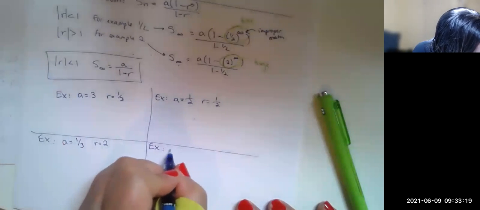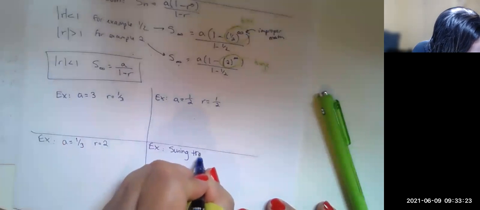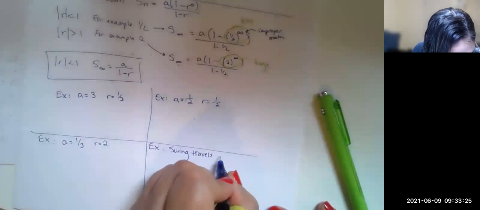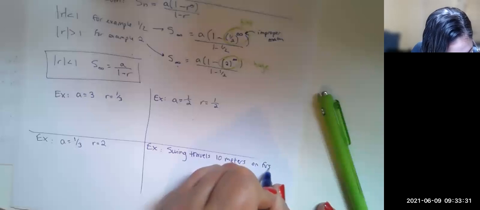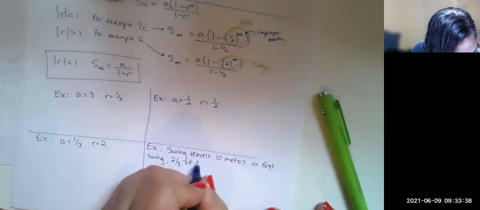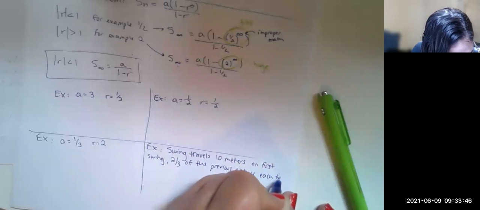Let's say you're on a swing and it travels, I don't know, 10 meters on the first swing, and then 2/3 of the previous distance each time. Let's say you stop pumping.